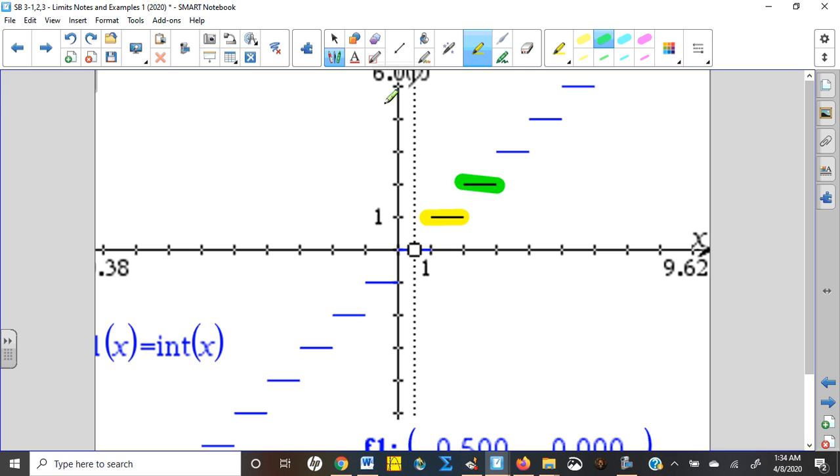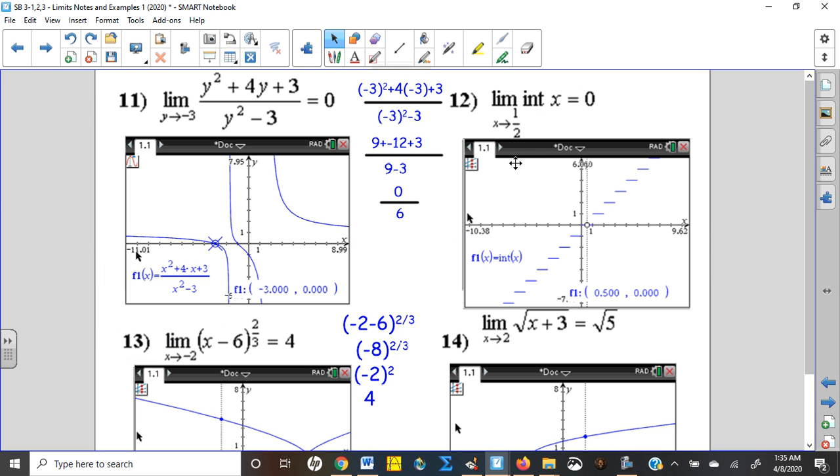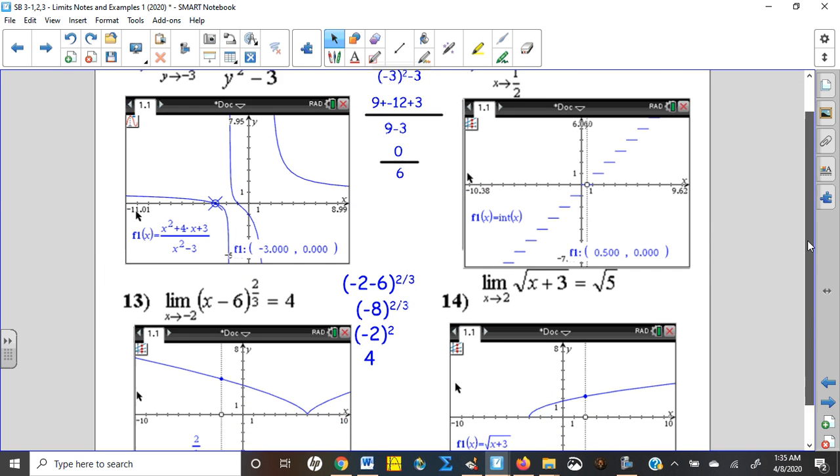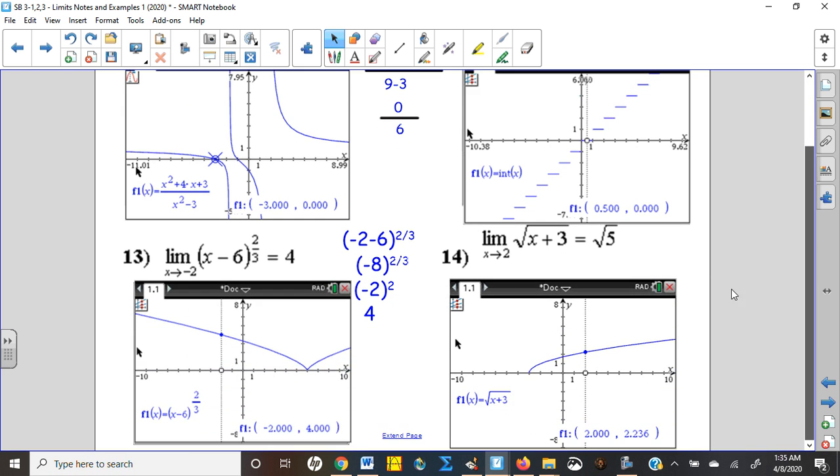But luckily, that's not what we were doing. We're taking the limit as we approach 1/2, which just means we're on this constant step at a height of 0. So the limits from the left and right are both 0, and that means that the overall limit of that function as we approach 1/2 is 0. And the greatest integer of 1/2, the greatest integer less than or equal to 1/2, is 0.